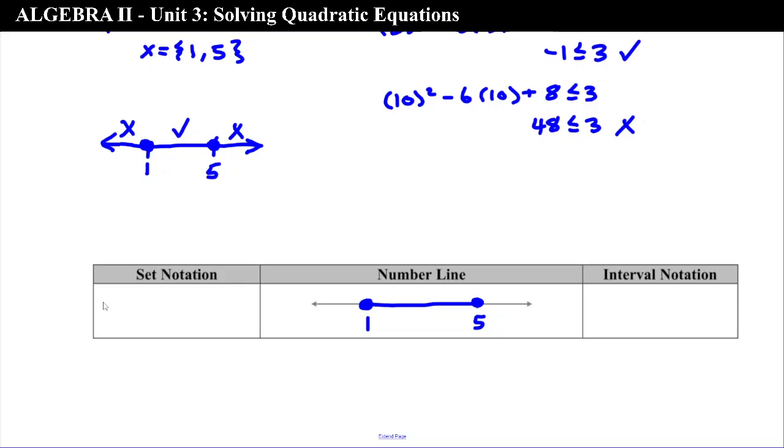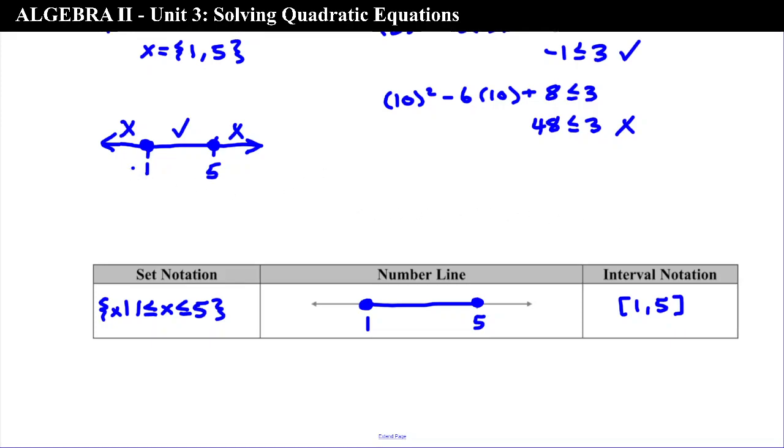So now we have the number line. Set notation is fairly simple because all we have to do is x such that 1 is less than or equal to x, which is less than or equal to 5. And in interval notation, we have 1 to 5 all inclusive, which means we use brackets.